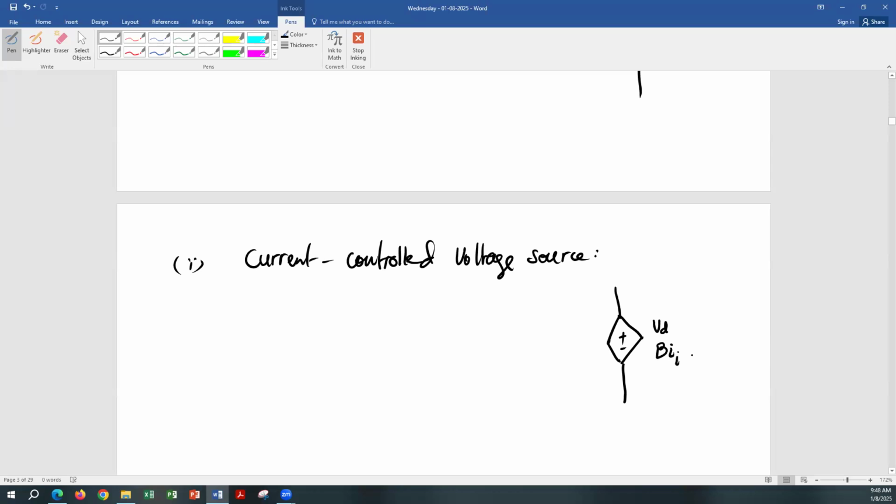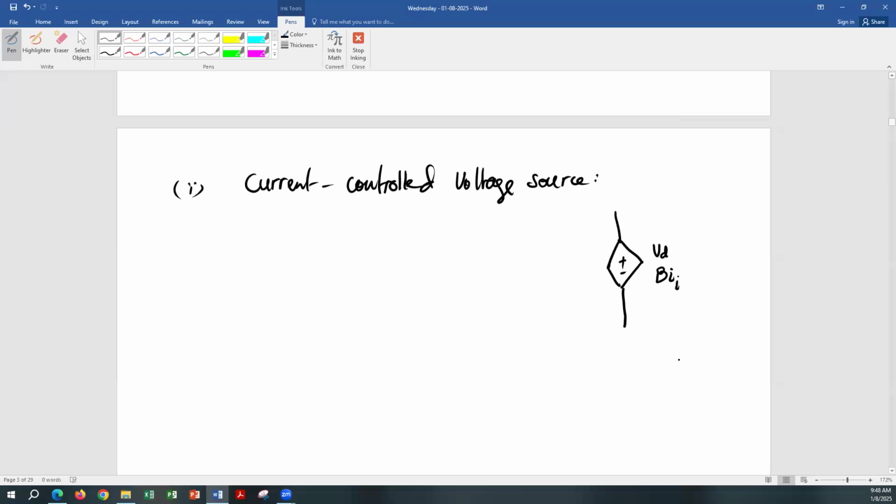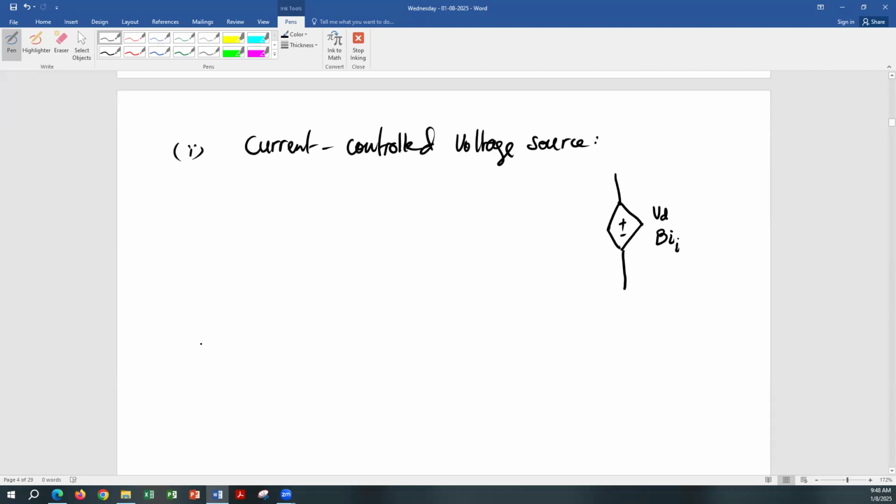As the current is coming in the circuit, the output voltage depends on the value of the current coming in, multiplied by a factor B. So that is what a current controlled voltage source is. And likewise, we have two current sources. These were the two dependent voltage sources.